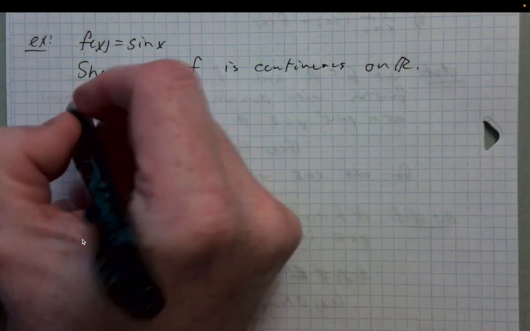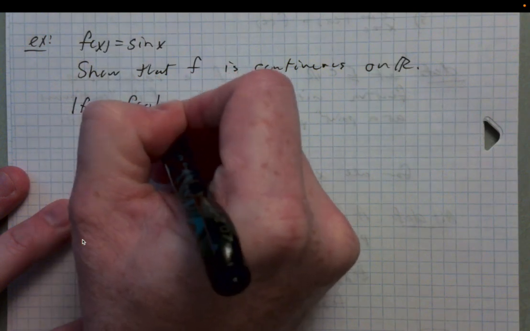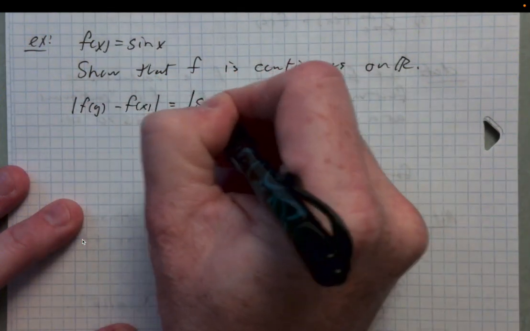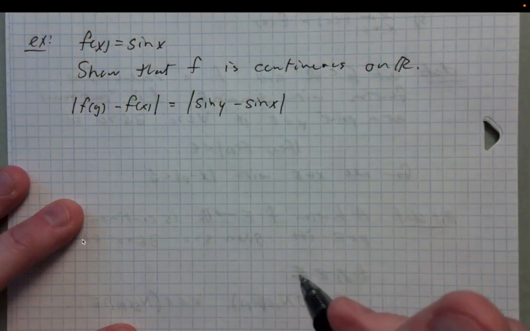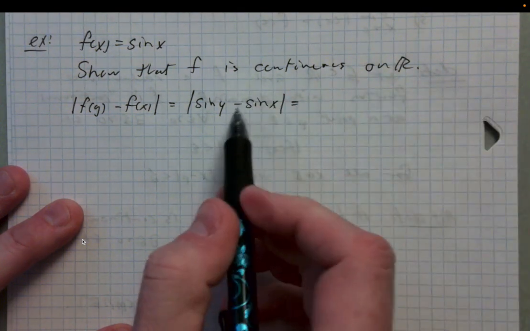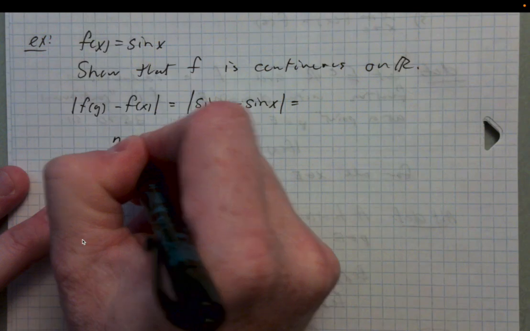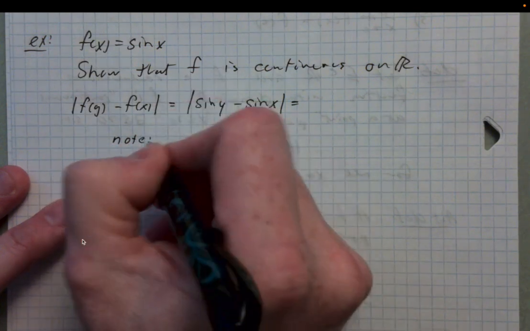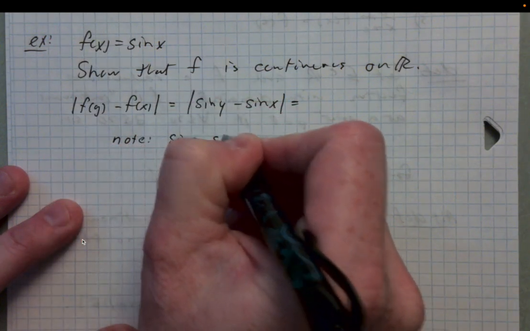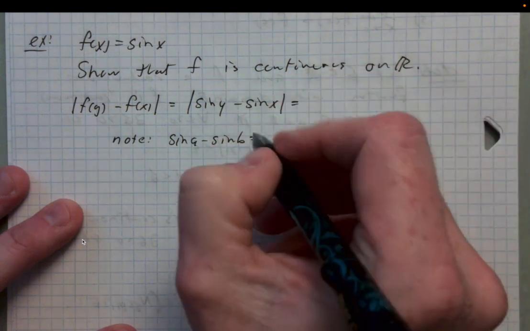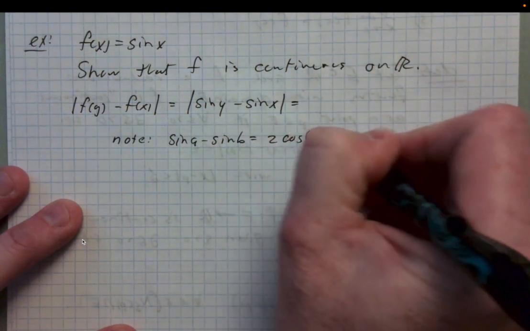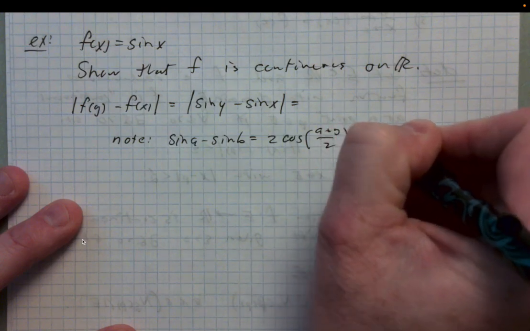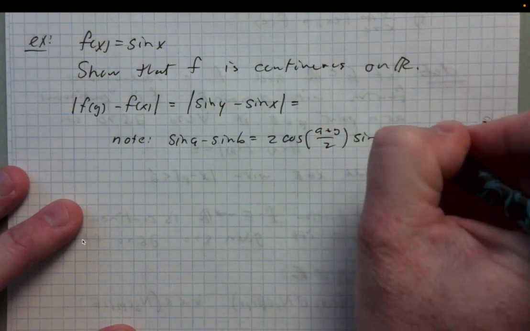Okay, and so let's start with just thinking about f of y minus f of x. And so we know that that is sine of y minus sine of x. Okay, and this can actually be rewritten if you recall back to your trigonometry, if you've taken it: the sine of a minus the sine of b is equal to 2 times the cosine of (a plus b) over 2 times the sine of (a minus b) over 2, right?